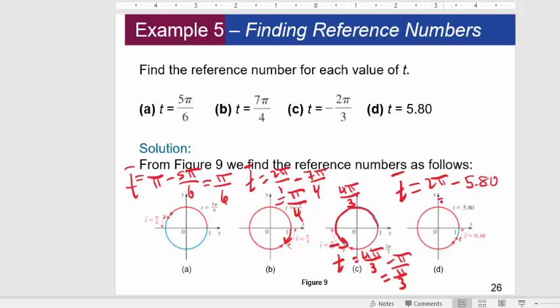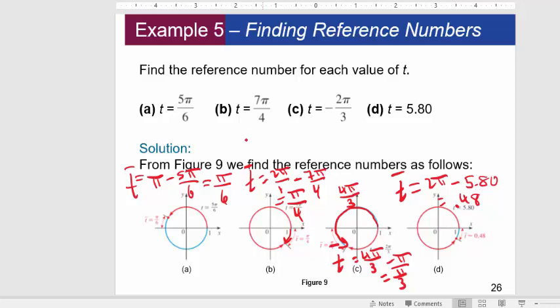So it's 2 pi minus 5.80, and 2 pi is approximately 6.28, right? So we're really doing 6.28 minus 5.80, and you get approximately 0.48. Right? So it's not exact, it's just an approximation here because we're just approximating pi. The exact value is actually 2 pi minus 5.80, but if we approximate it, it's 0.48.